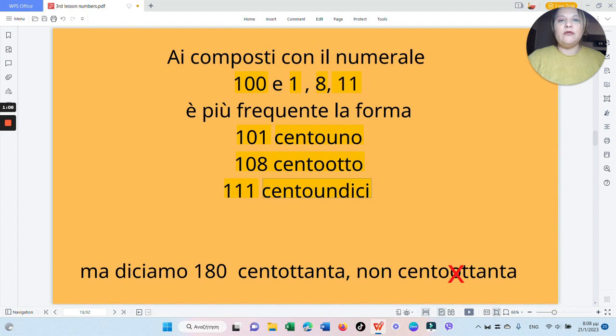As you see, the last vowel remains when I have 100.